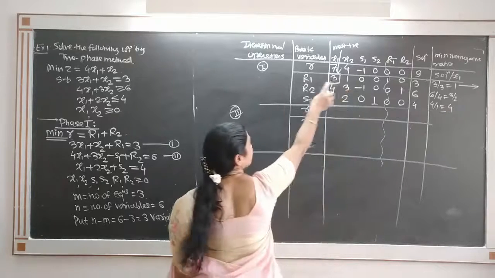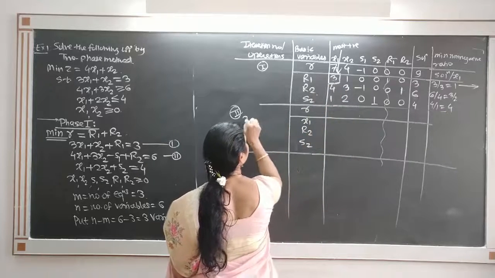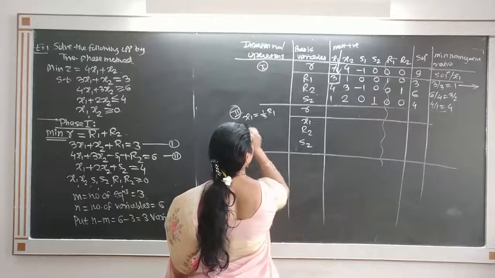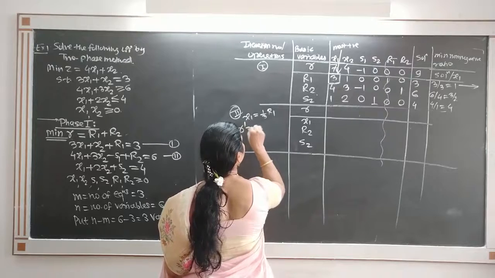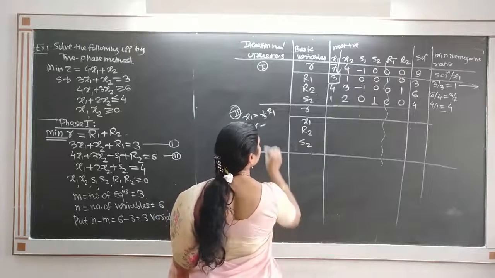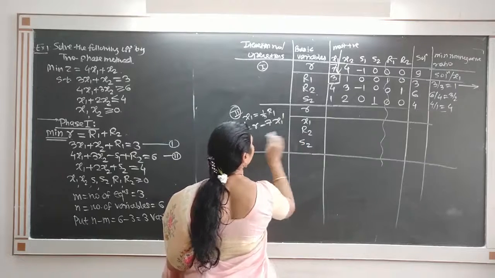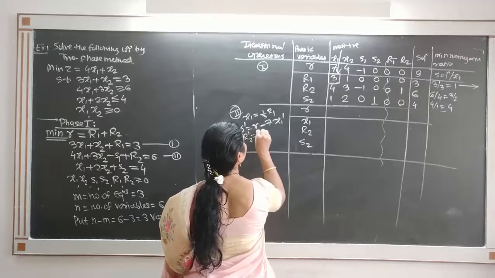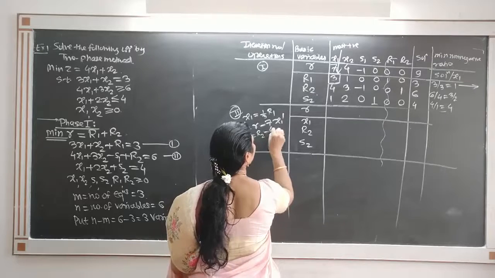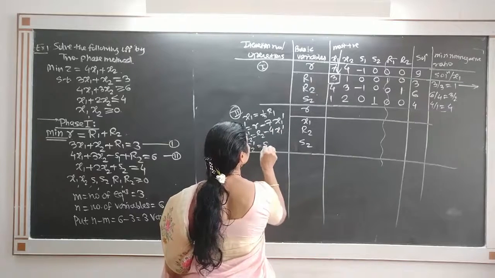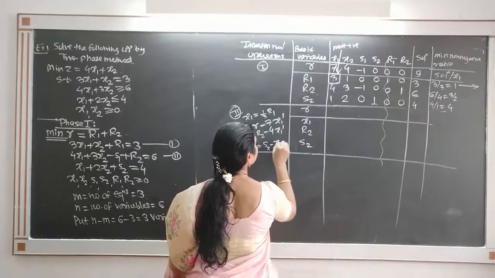So what is our operation? Our x1 row becomes 1 by 3 r1. Then the new R row, R dash, is equal to R minus 7 times x1 dash. New r2 row, r2 dash, is equal to r2 minus 4 times x1 dash. And new s2 row, s2 dash, is equal to s2 minus x1 dash.